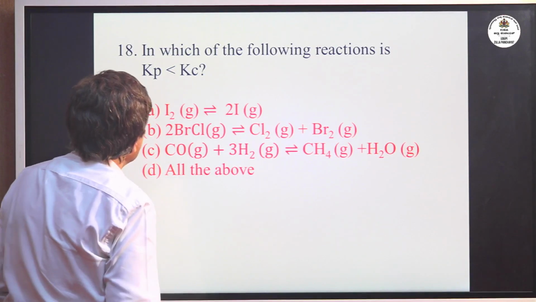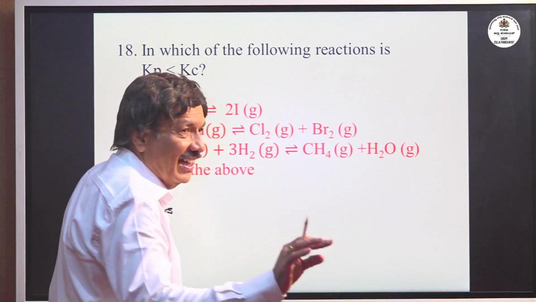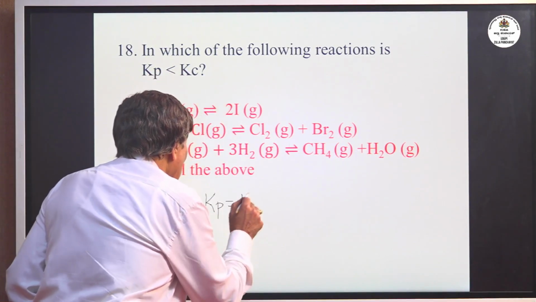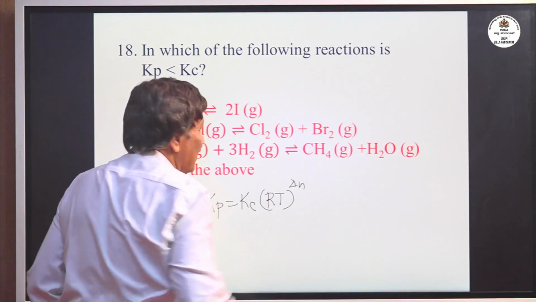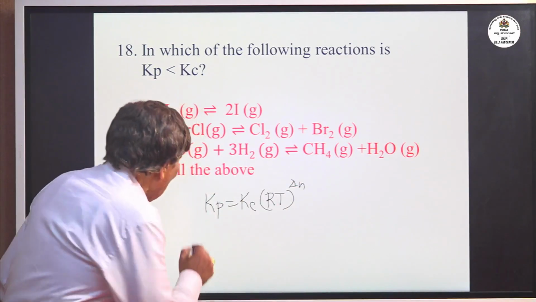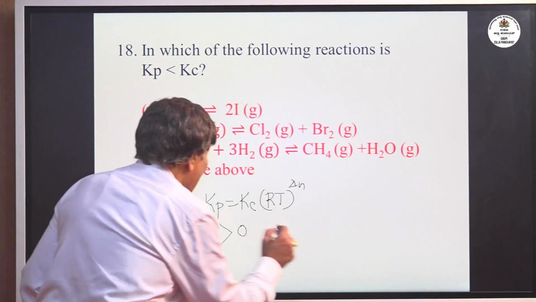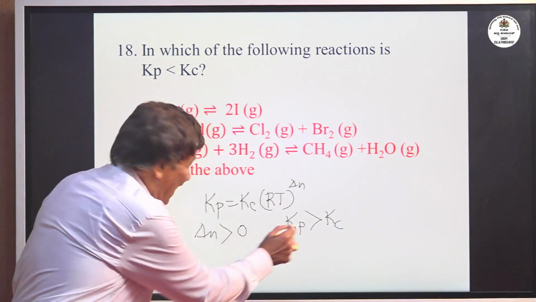Next one. In which of the following reactions is Kp greater than Kc? I shall tell you. Kp is equal to Kc into RT to the power delta n, right? If delta n is greater than 0, very easy, Kp is greater than Kc. Same sign continues.